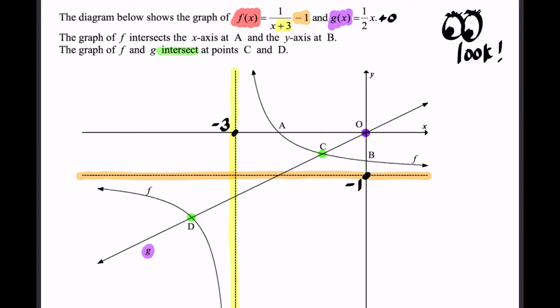So for example, if I look at C and D, based on their location on this graph, I can tell that D's x-coordinate will be smaller than negative 3, because it's past negative 3. Here's negative 3 and here is D, so there's a distance here. I don't know what it's going to be, but I know it's going to be a number smaller than negative 3. That's why I like to look at the diagram.